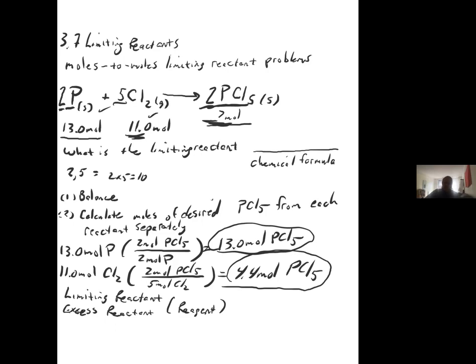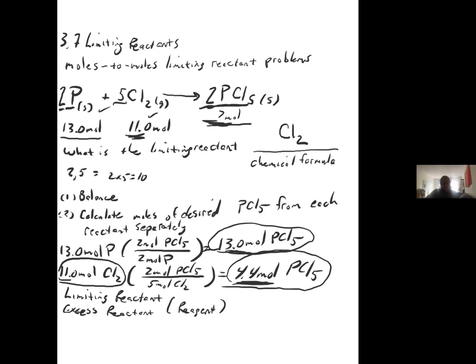So which one gave us the smaller amount? Well, first of all, the smaller amount is the 4.4. That's smaller than 13. Which reactant gave us that smaller amount? Cl2. So that would mean that the chlorine is the limiting reactant. If it had been the phosphorus, we started off with 1.3 moles of phosphorus.